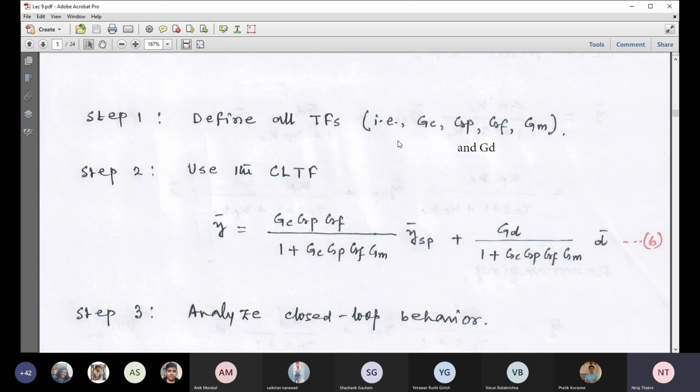And in step 3, we'll analyze different behaviors based on equation 6. So this is the common procedure to analyze the closed loop behavior for the 3 control actions.